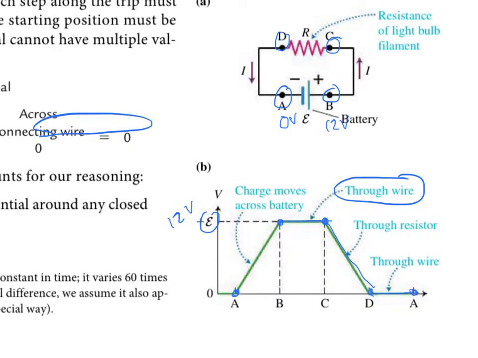Now that's important in that simple circuit that you understand that graph, because we're going to apply that to an example problem. That is basically Kirchhoff's loop rule, which says the change of electric potential, or the voltage, across any loop in a circuit is equal to 0.